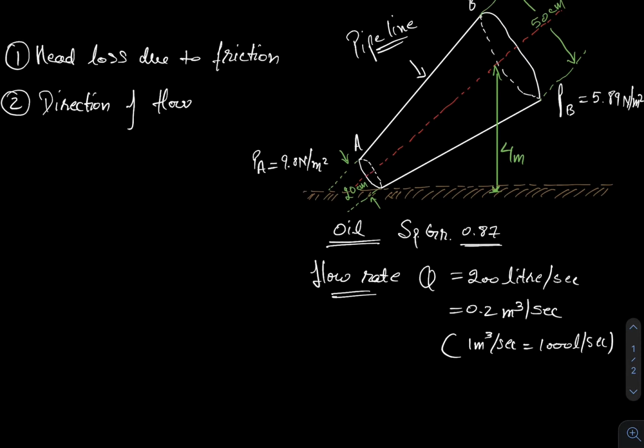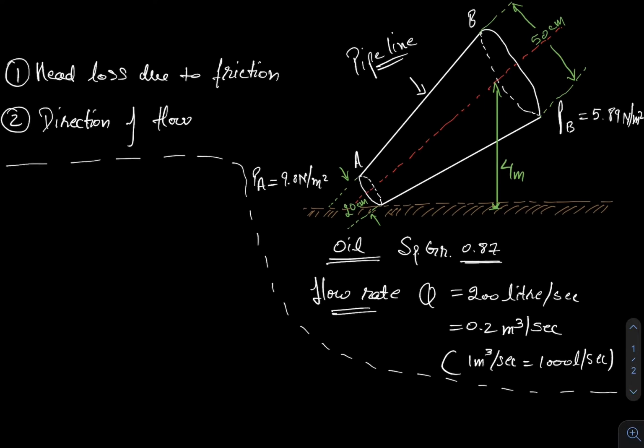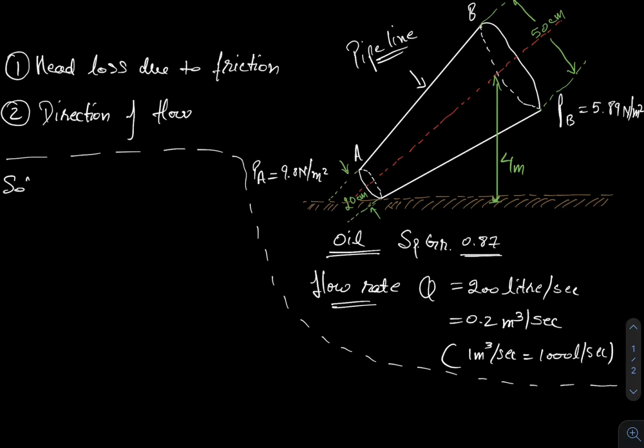Fine. So first of all, now let's start with the solution. So all this was actually my question. Now let's move towards the solution. So first of all, in Bernoulli's equation, what were the elements? One was pressure head, another was kinetic head, and the last was potential head, right?